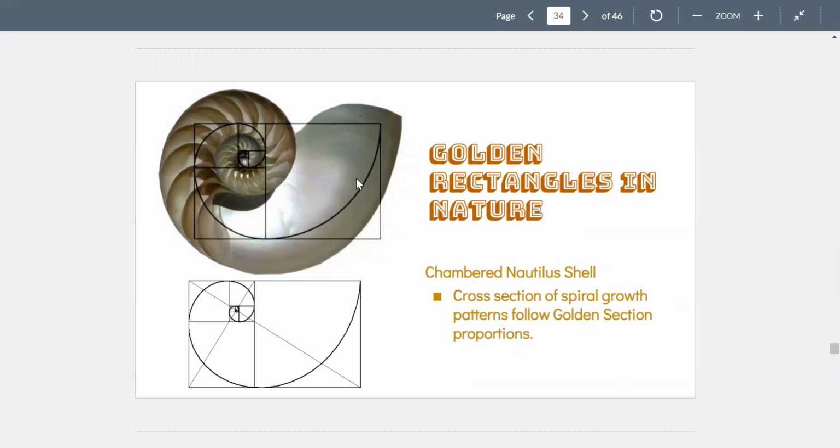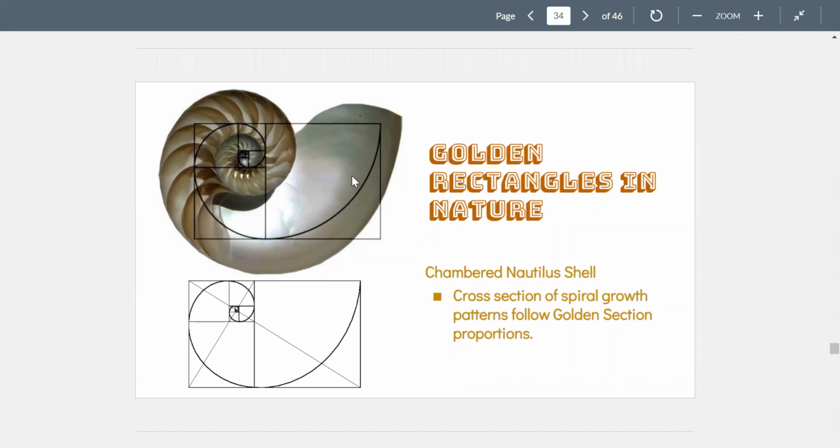These are natural elements, so in the natural elements we are going to find these golden ratios and golden rectangles, how they are naturally created. But the other thing is, when we do certain designs, we can use the golden ratio and this golden rectangle in our designs.